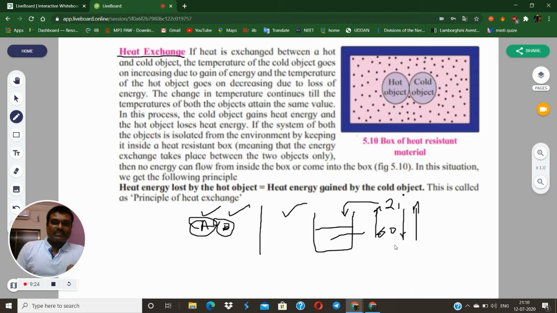Which conclusion? That heat energy is being exchanged. समझ में आ गया बेटा?